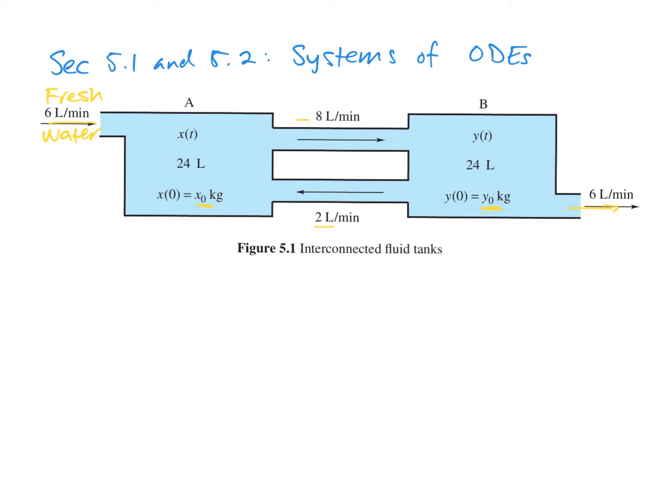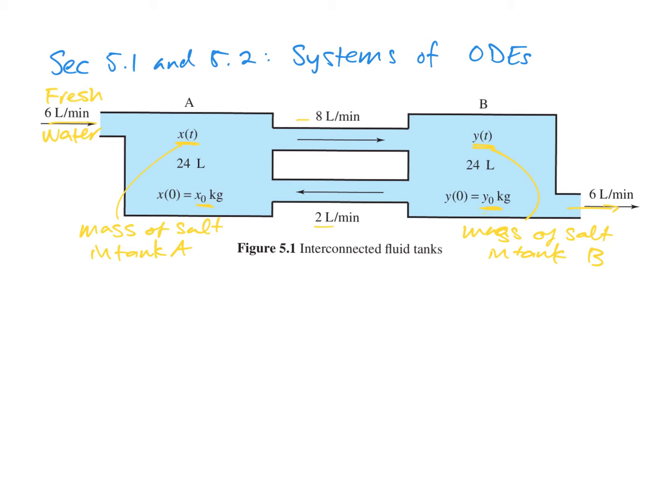And then we also have these mixing conditions that are given here in the middle. So just like we did when we only had one tank, we're considering these quantities X and Y. X is going to be the mass of salt in tank A, and Y is the mass of salt in tank B. So we'll just model each of these by themselves, in the same way that we learned how to do before.